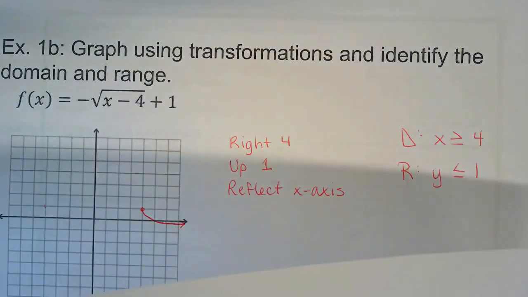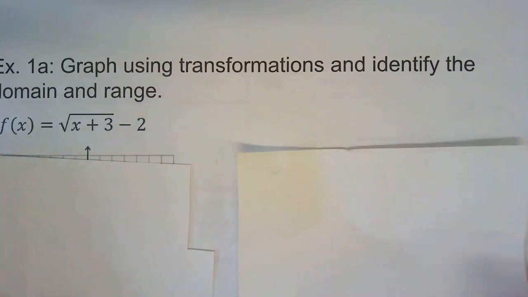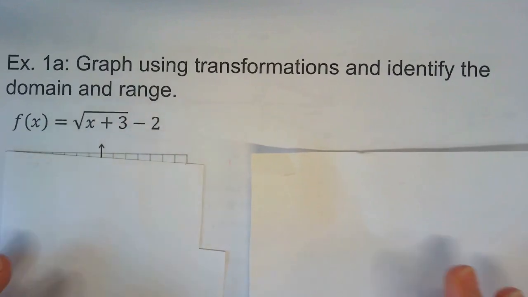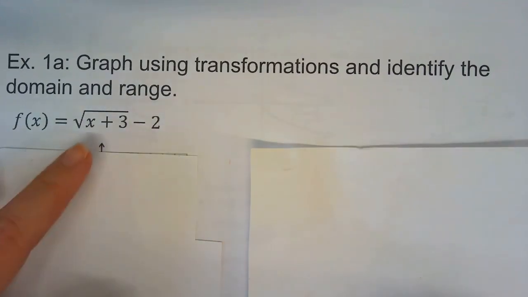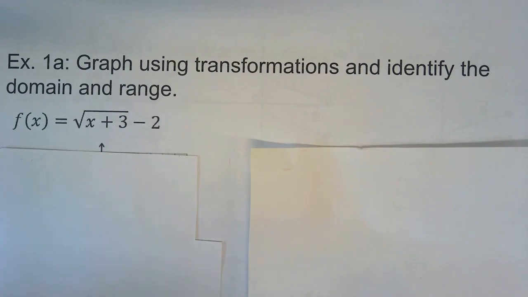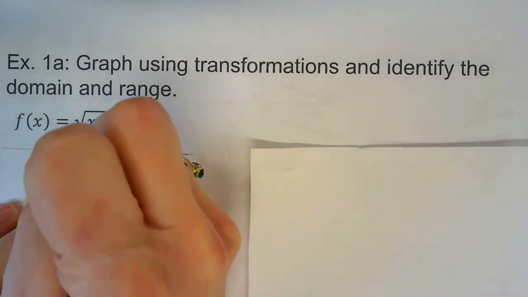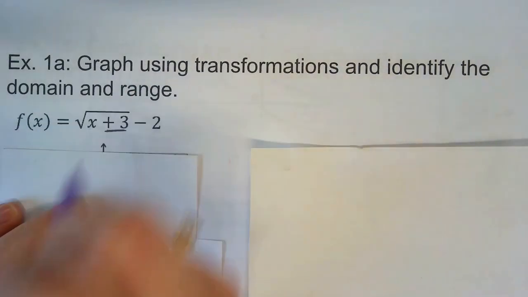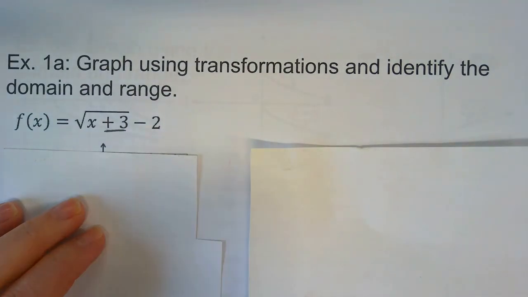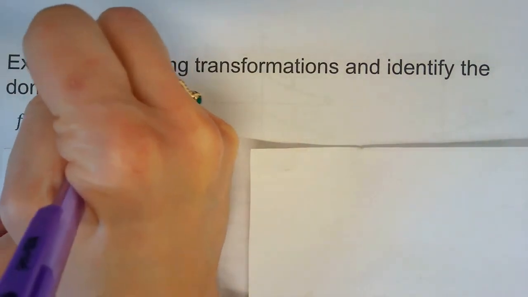Let's take a look at our first example. We're going to graph this function using our transformations, and then we're going to identify our domain and range. This number on the inside is going to shift us left and right. It will always be x minus.